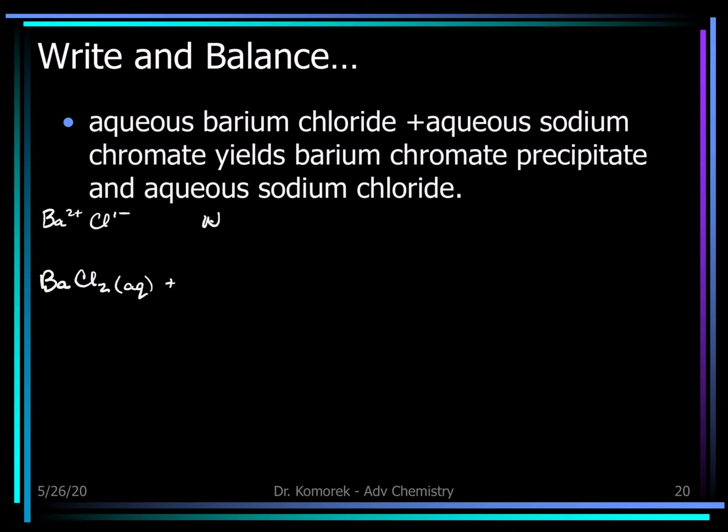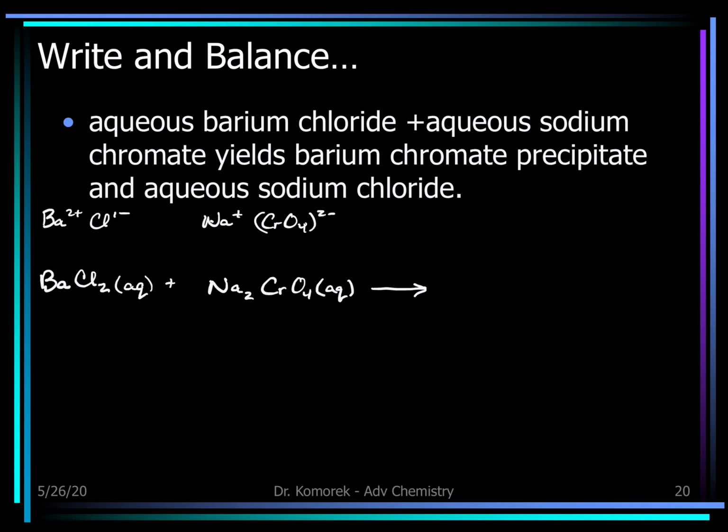Sodium chromate. Na is 1+. Chromate is CrO4, 2-. Charges don't cancel, so we cross them over. We get Na2CrO4. That's also aqueous. What does it yield?